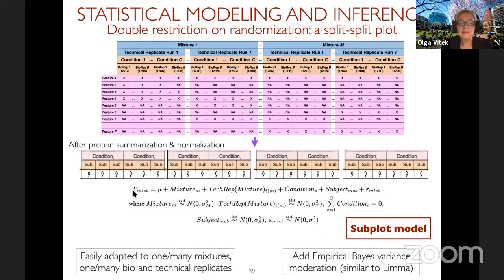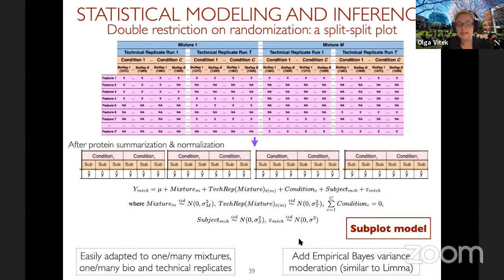We again extend analysis of variance or similar models to characterize the contributions of various mixtures, potentially various technical replicates, conditions, and subjects, and then we derive those signal-to-noise ratios, which allow us to make pairwise comparisons between conditions.